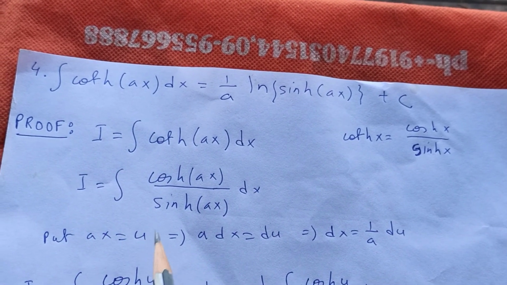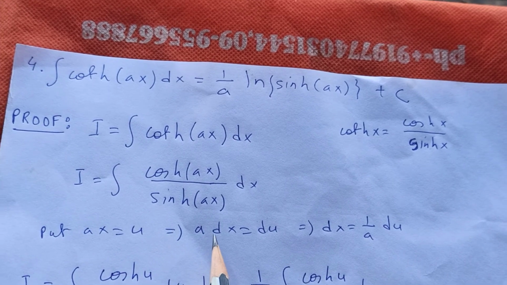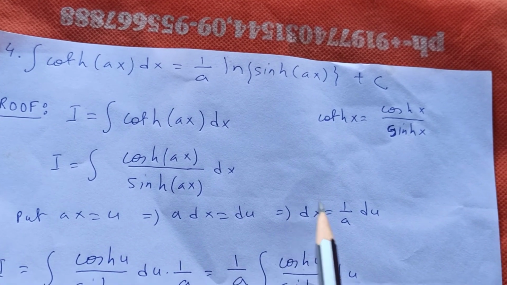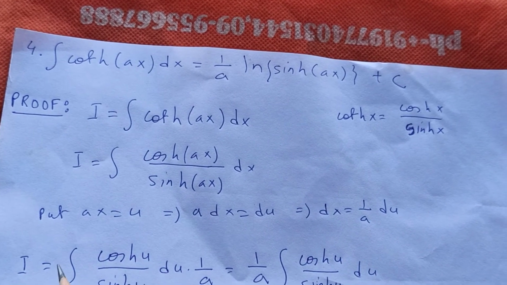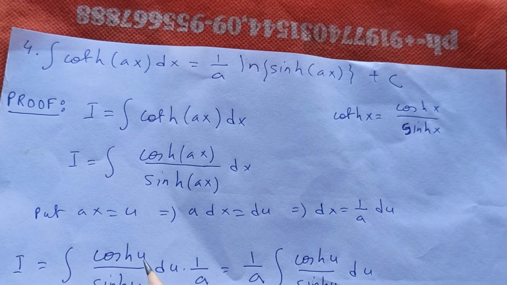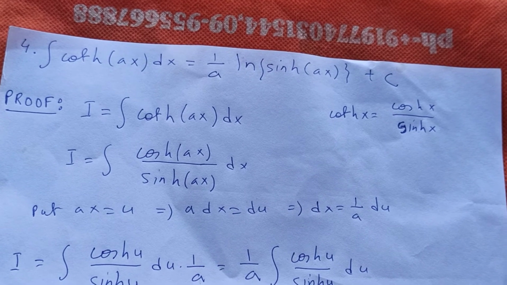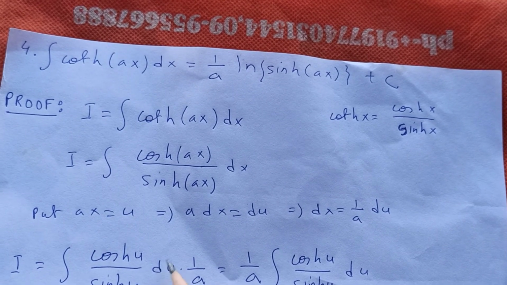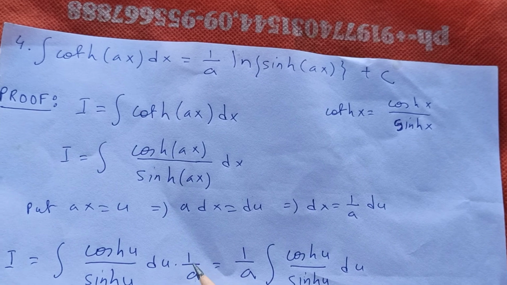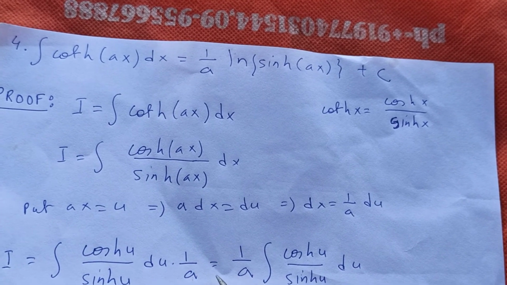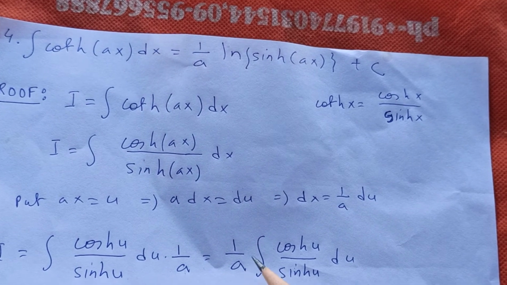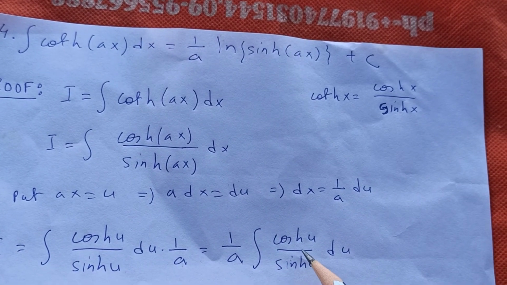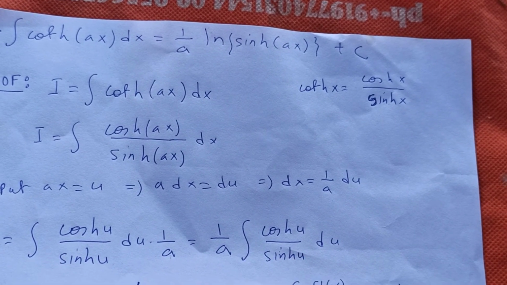Now the substitution method: ax equals u, so differentiating, a dx equals du, so dx is going to be 1 upon a du, right? So I is going to be the integration of cos hyperbolic of u upon sine hyperbolic of u, and in place of dx, 1 upon a du. 1 over a is nothing but a constant, so it comes out in front.